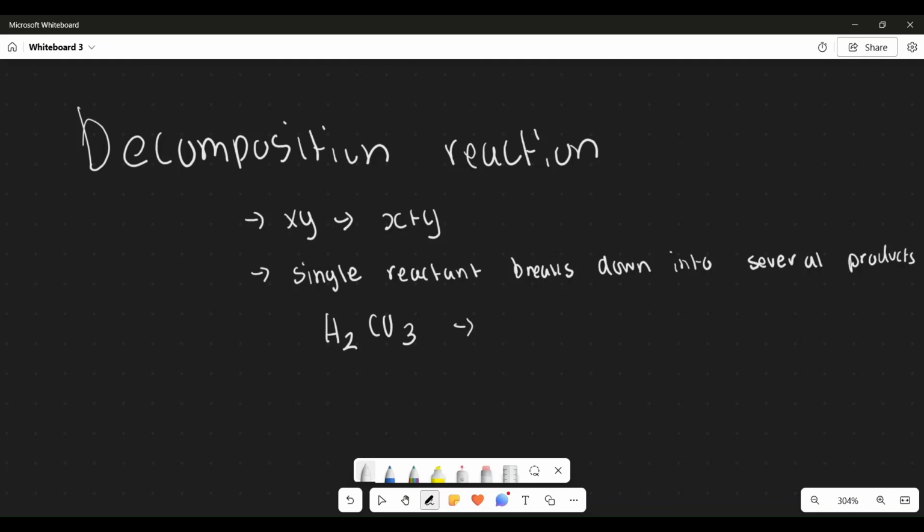H2CO3 equals H2O plus CO2. Now, I want you guys to remember, do you think that this is a type of chemical reaction? No. I was just trying to trick you. It's got H2O plus CO2, so it seems very familiar, so don't get tricked.